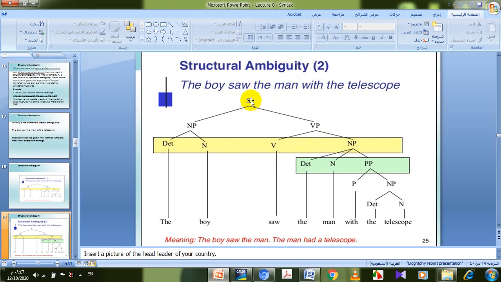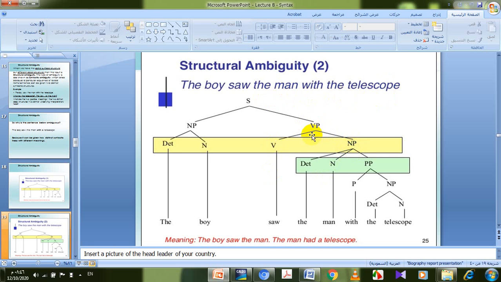So verb phrase: the boy, noun phrase, determiner noun, and automatically the rest of the sentence is the verb phrase, the verb and the man with the telescope. The whole thing is a noun phrase because it starts with a noun, the man.